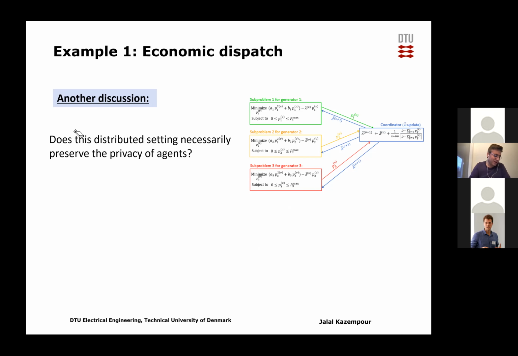Yes. So the first thing one can think is that the auctioneer, and maybe the others, any adversary, can see how the generator responds to different prices. So maybe over time, over iterations, we can learn.